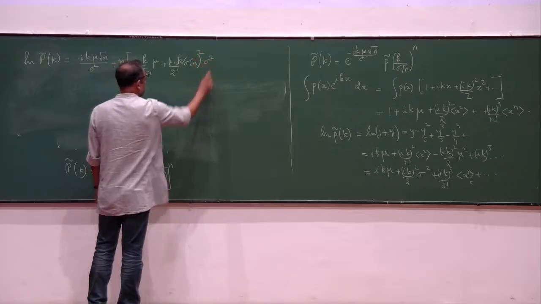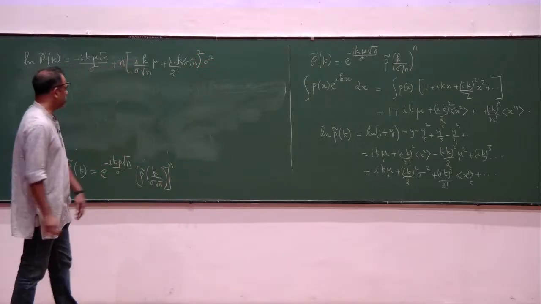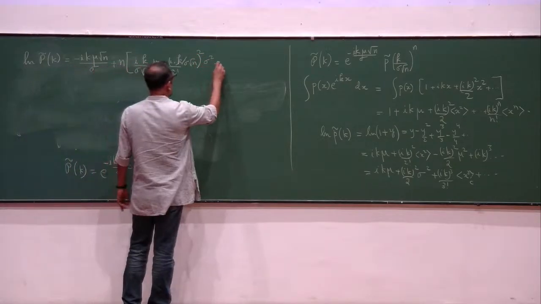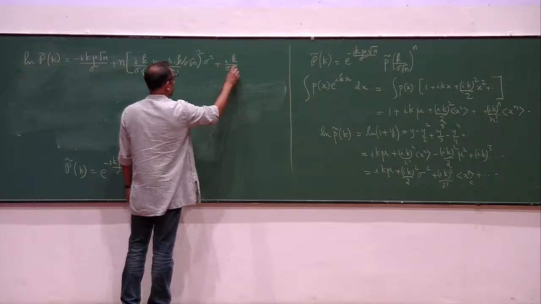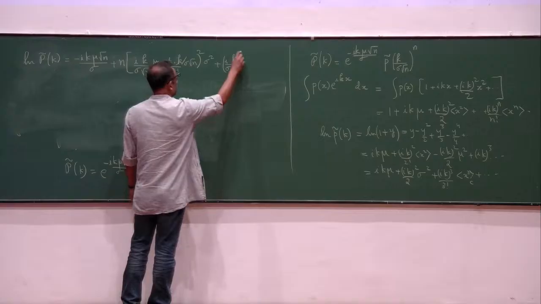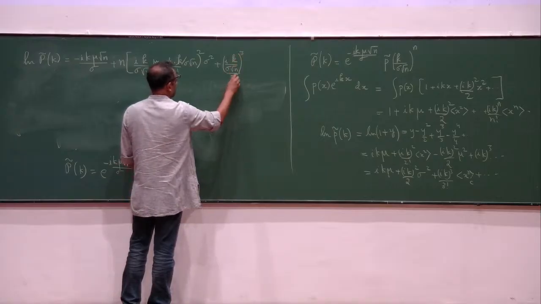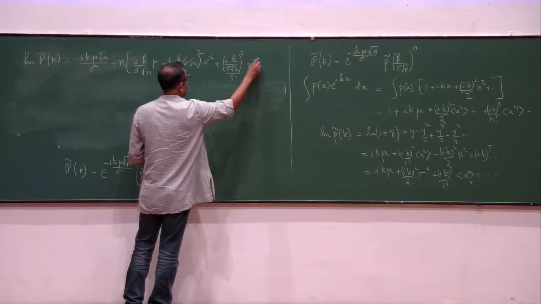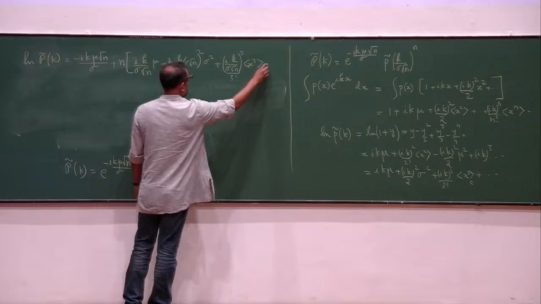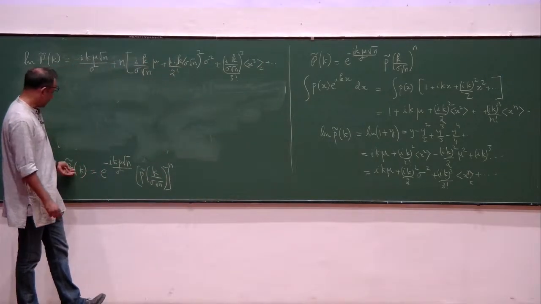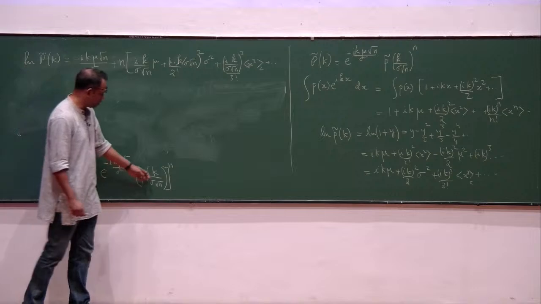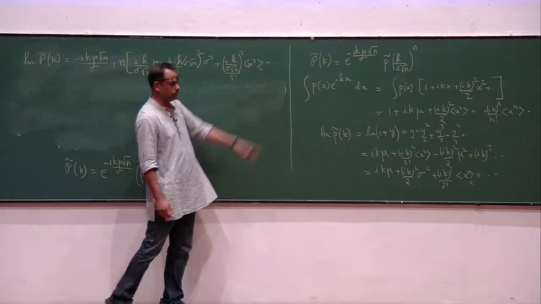The third is (ik)^3 by 3 factorial times the x cube cumulant. So if I want to know the exact answer for p tilde of k, I need to know all the cumulants.